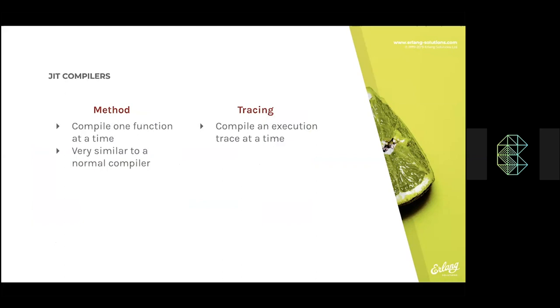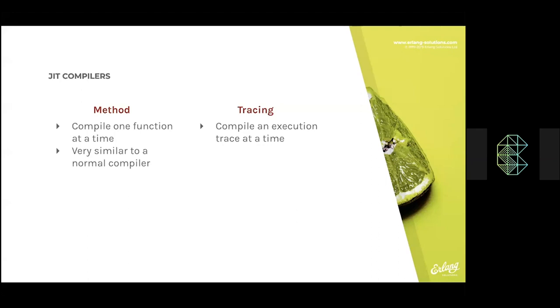So for the method-based JITs, they are very similar to a normal compiler, which makes it a lot easier to write these kinds of JITs in some ways, because you can get a lot of knowledge from the ahead of time compiler community, because it's the same kinds of problems that they are trying to solve.